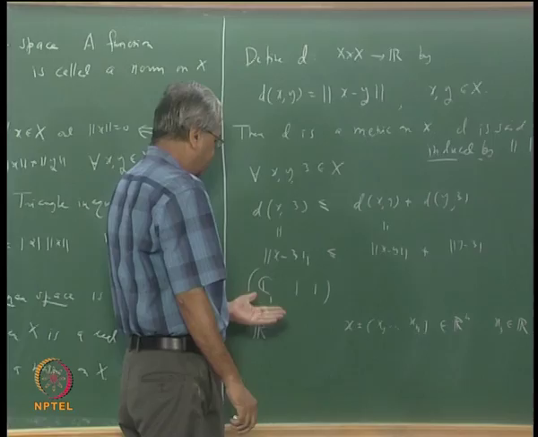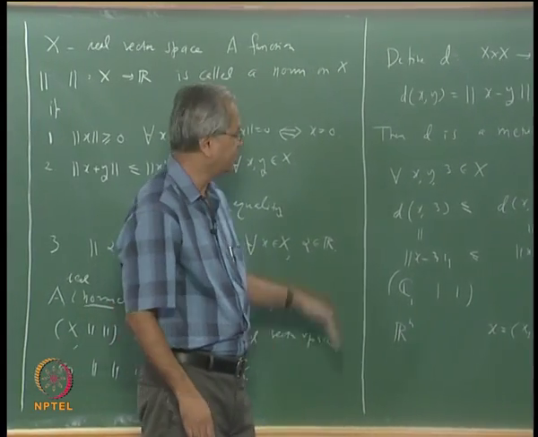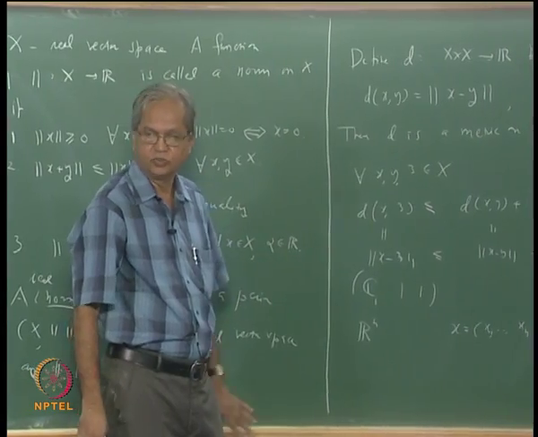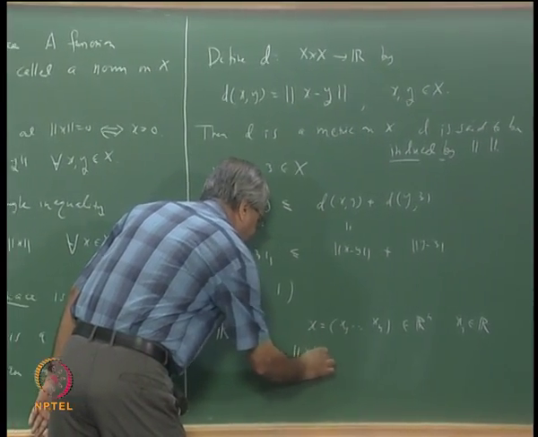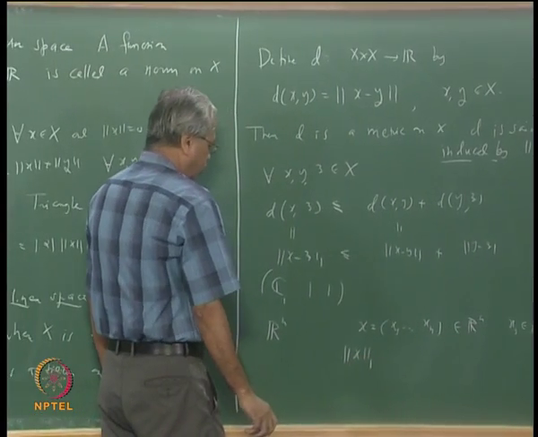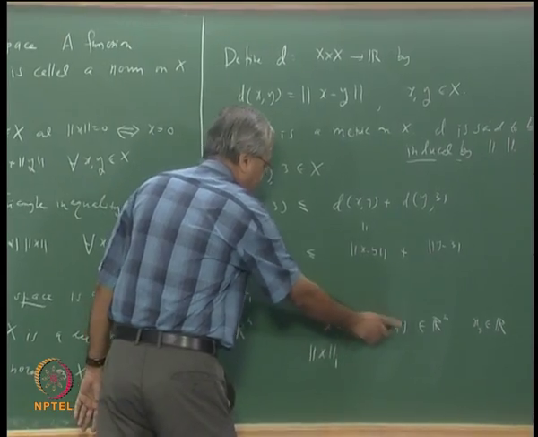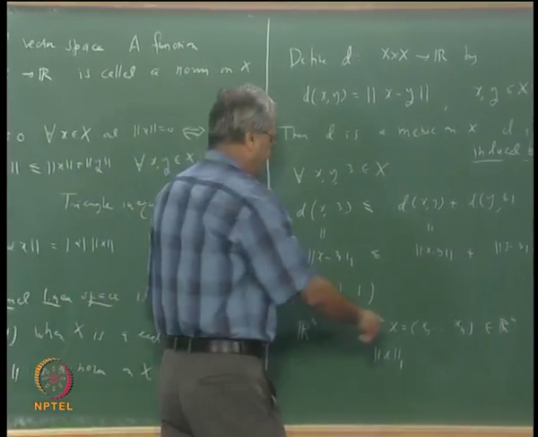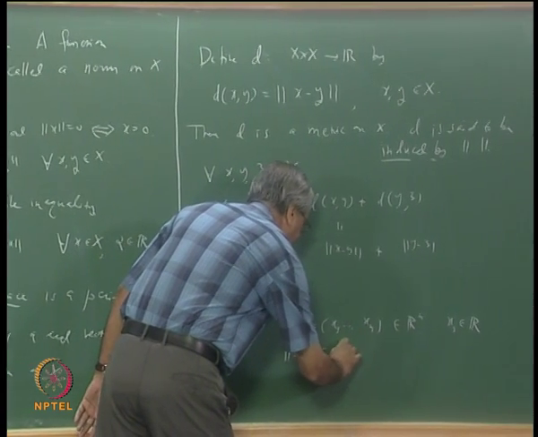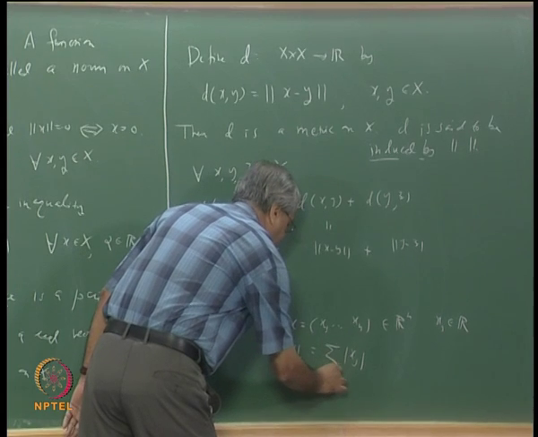So how does one define a norm? There are various ways. As I said, on the same vector space you can define various norms. For example, one is called norm suffix 1. That is nothing but mod x1 plus mod x2 plus ... the sum of the absolute values of all the n coordinates. So this is sigma mod xj, j going from 1 to n.